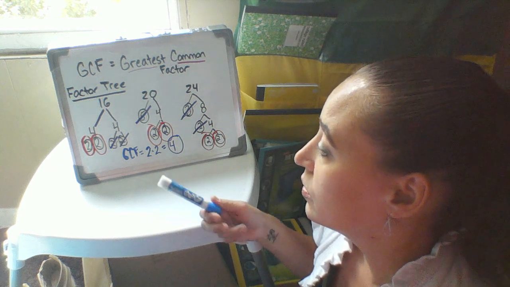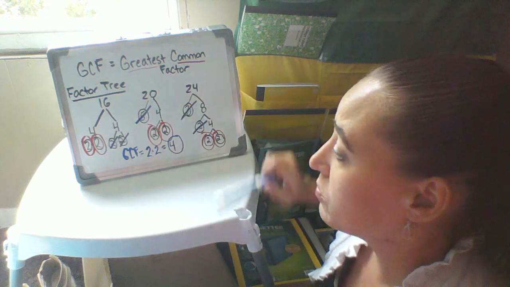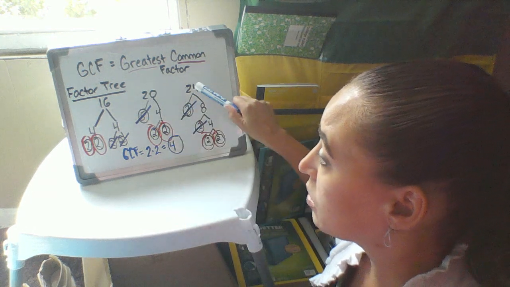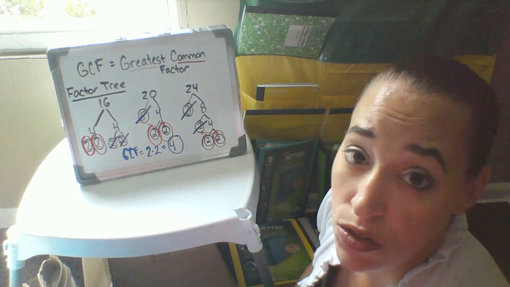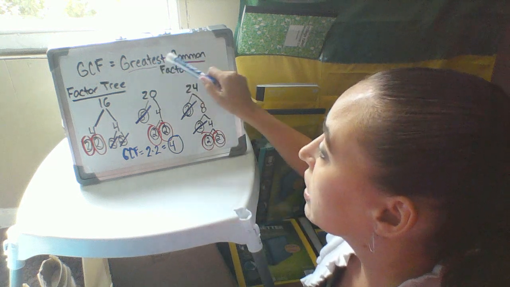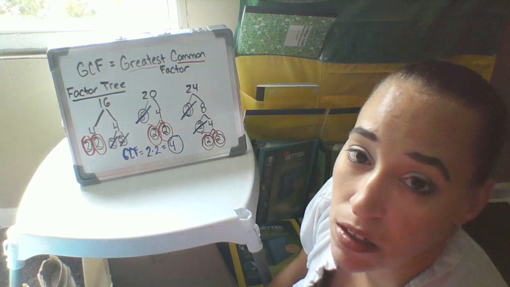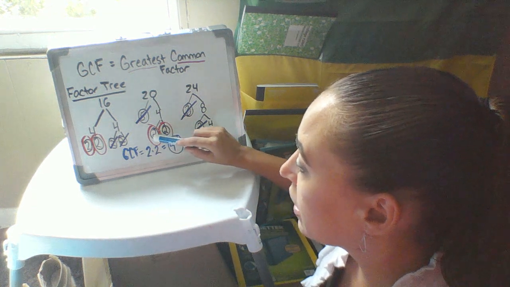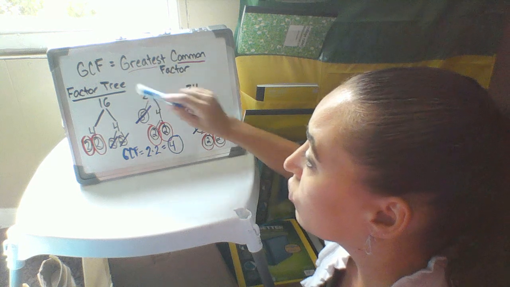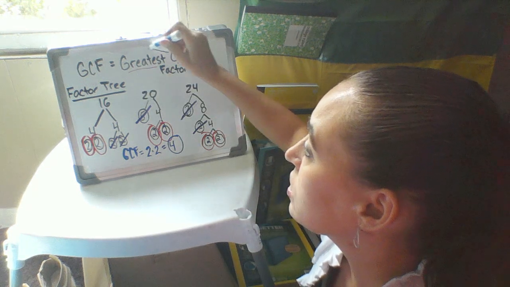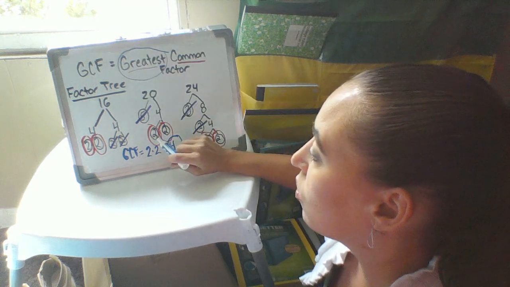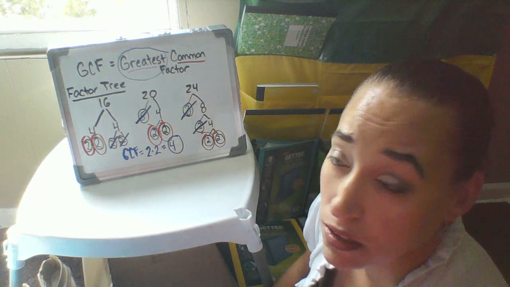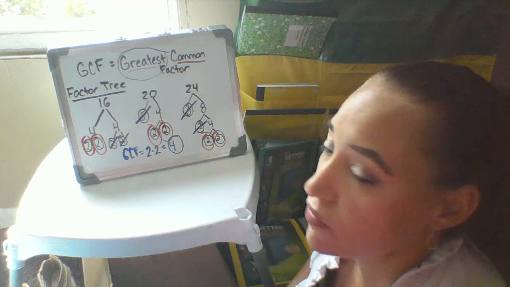Step 2, then you have to go through all of your prime numbers and circle the prime numbers that all 3 numbers have in common, because you're looking for greatest common factor. Step 3, the reason why you multiply these together is you're looking for the greatest. So 2 times 2 is 4. So it's the greatest common factor.